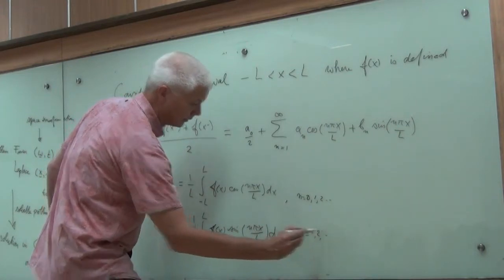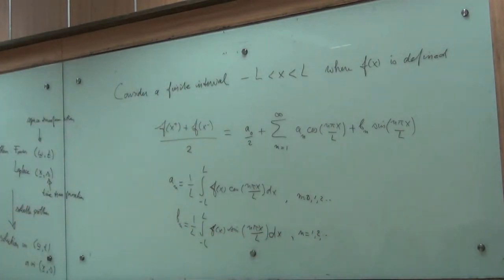And this formula is valid for n is 1, etc. This is what you learned when you applied the method of separation of variables. Yeah? The Fourier series. This is what we call a Fourier series.